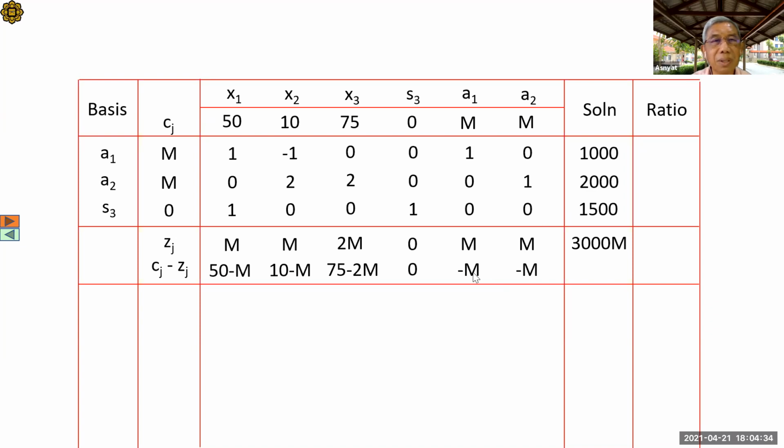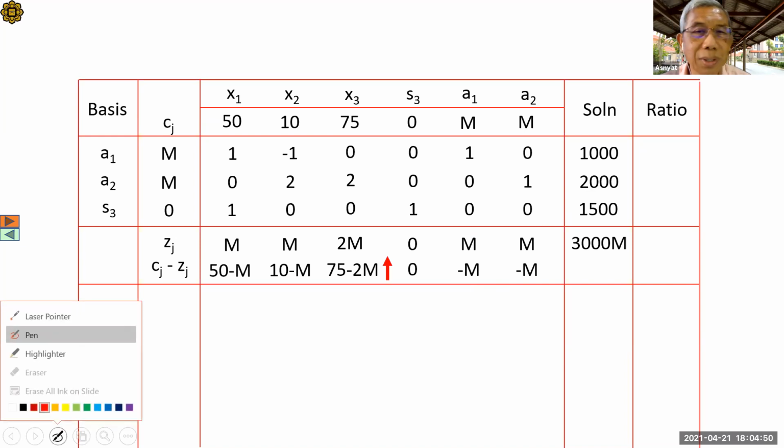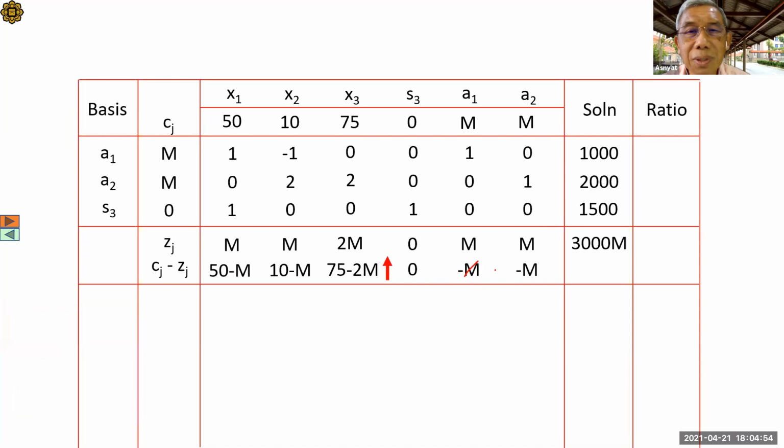Am I wrong here? M minus M, I think I'm wrong. It should be 0. Sorry. So this one should be 0.